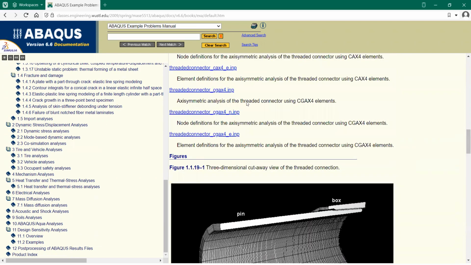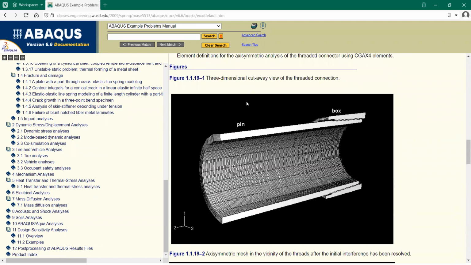So this geometry looks like a bottle which has a thread. Maybe we can assume this as a bottle, but there is no bottom. Whereas here we can consider this maybe like a cap. Again, there's nothing at the top, but what we can see is the threaded part.